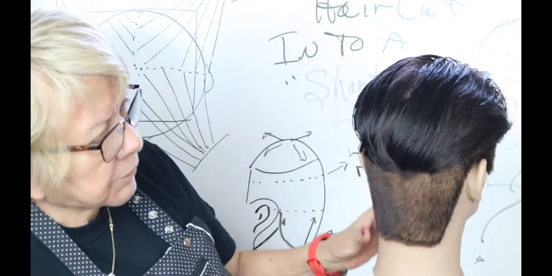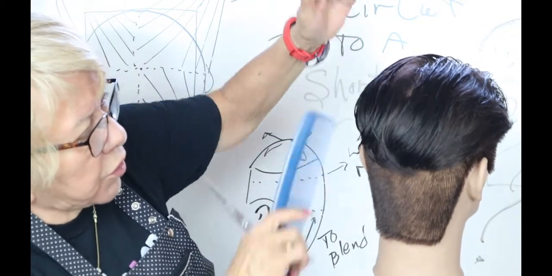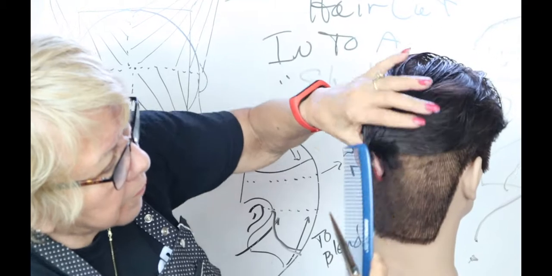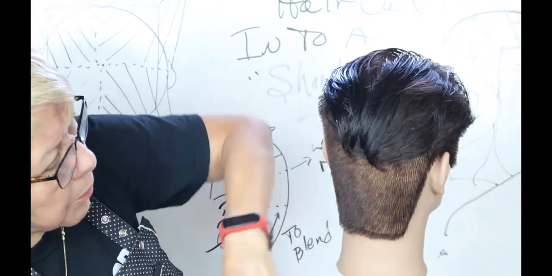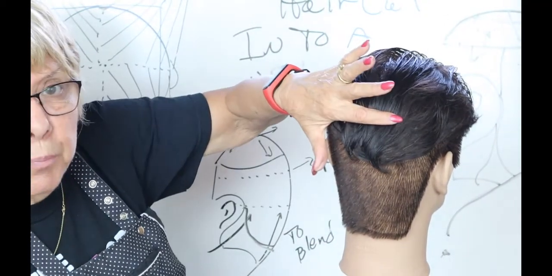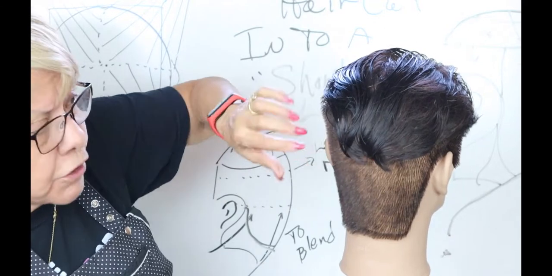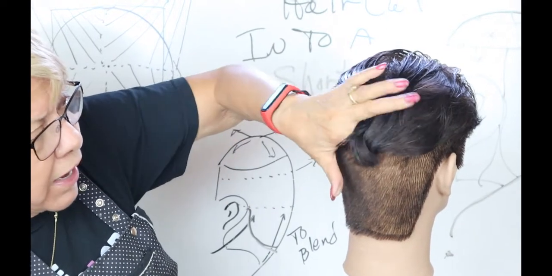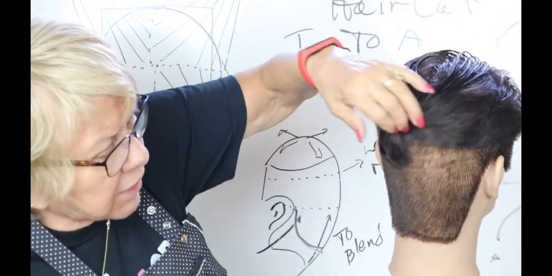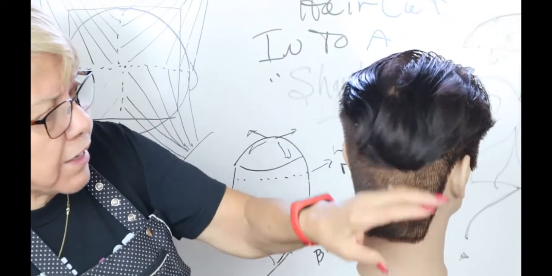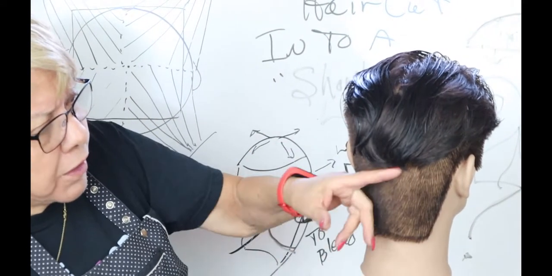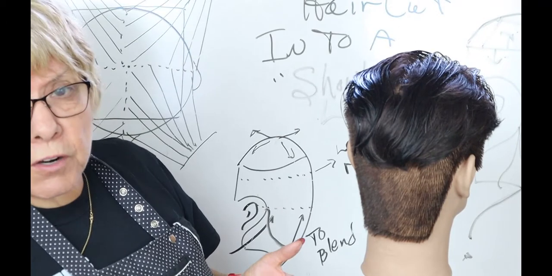There you go. See how that rounds it out, and we don't have our little tail there anymore. So it rounds it out a little better. Take it up to the upper ridge. Don't cut it down here. Don't cut it straight out. You have to elevate it to create a slight layering in there so that it comes in a little bit better. And right, we got rid of our corner.